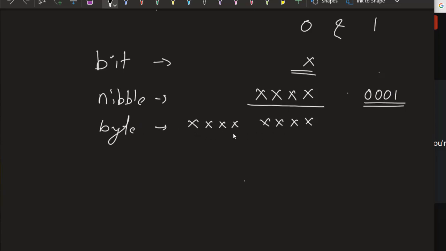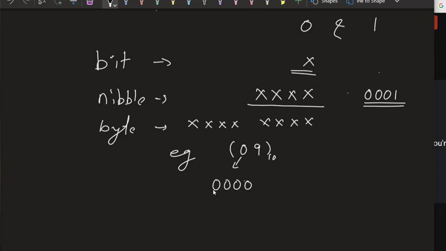An example of 1 byte: let's say I'm writing a decimal number, which we normally say, 09. Let's say 09 is a decimal number, to the base 10, that means this is the normal 9. Then we will represent it in binary. So 0 can be represented in the form of a nibble as 0000.